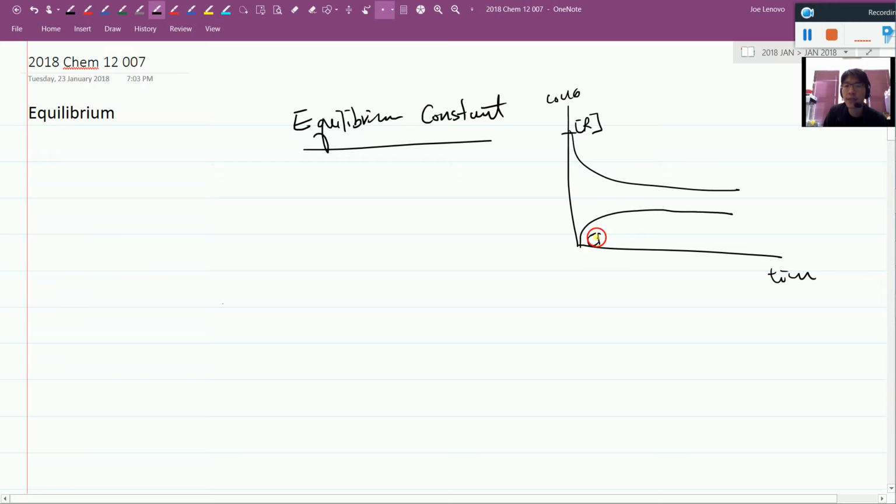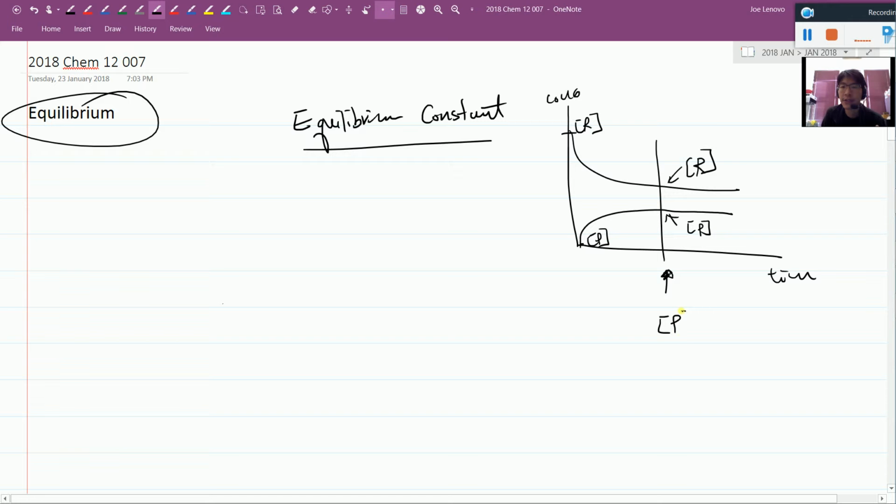The product concentration is zero initially and slowly catches up. At a certain point, all the concentrations of the product and the reactants become constant. When they're not moving, at this particular point, we call it equilibrium. And because the concentrations stay the same, we can do calculations based on the concentrations.